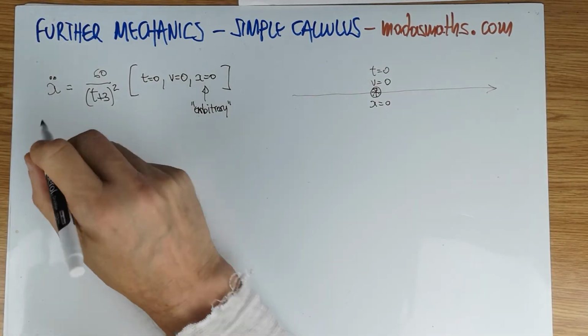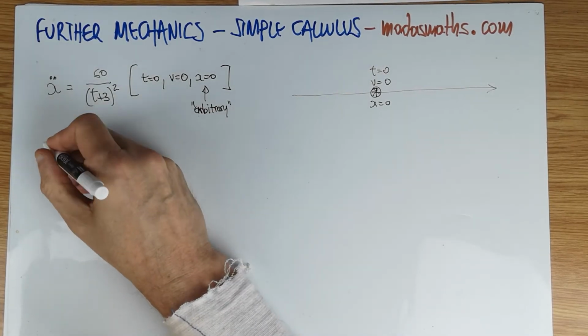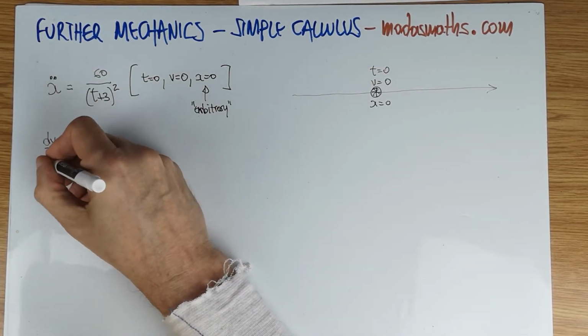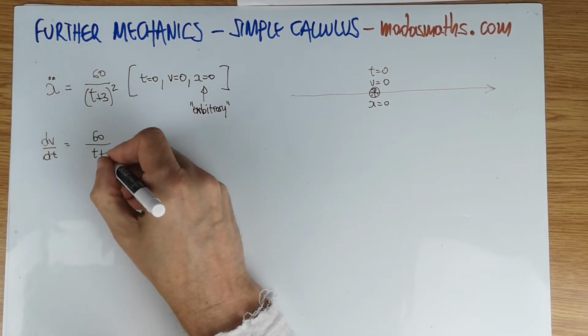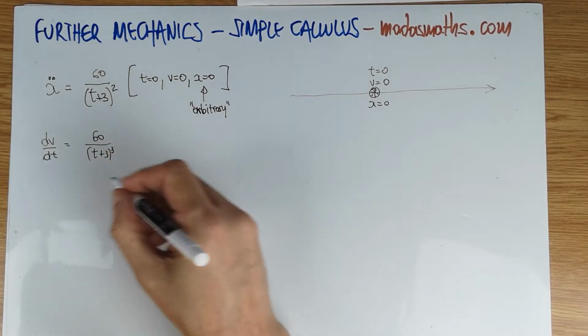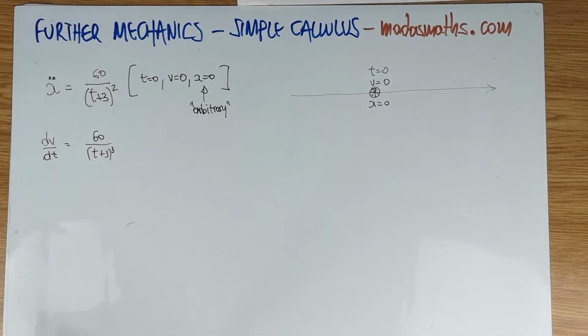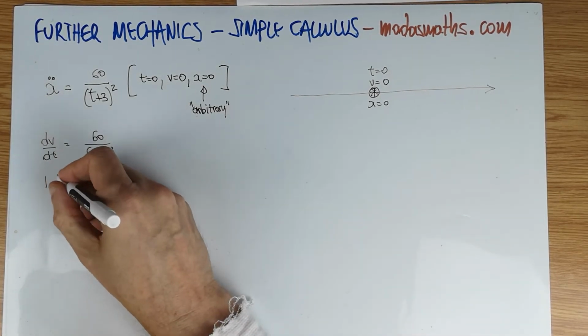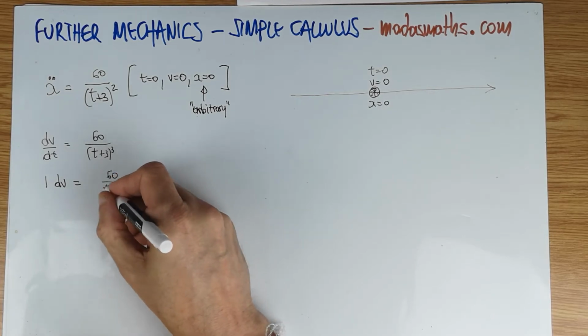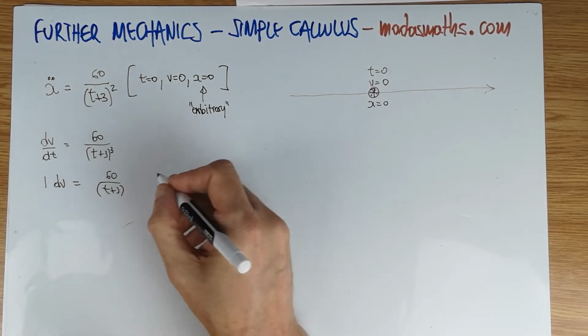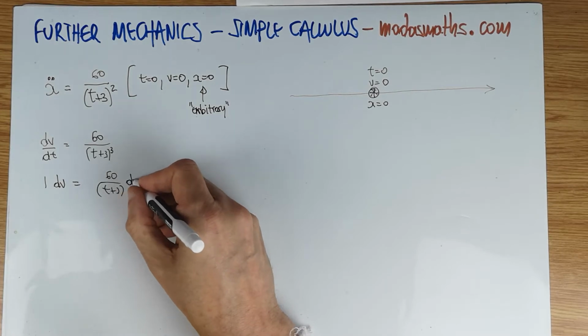Straightforward. Velocity in terms of time. We're going to write the acceleration as dv by dt is 60 over t plus 3 all squared. Separate the variables. 1 dv is equal to 60 over t plus 3 all squared dt.